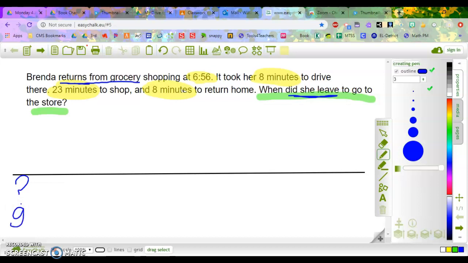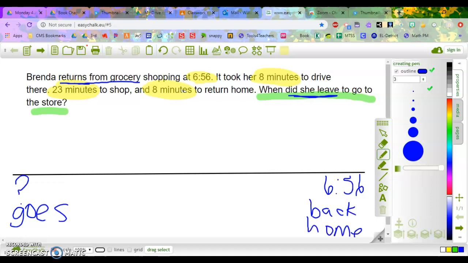This is when she goes, right? Then I know what time she gets back home. She gets back home at 6:56. So between this question mark time and 6:56 is when she does all of the things highlighted in yellow.